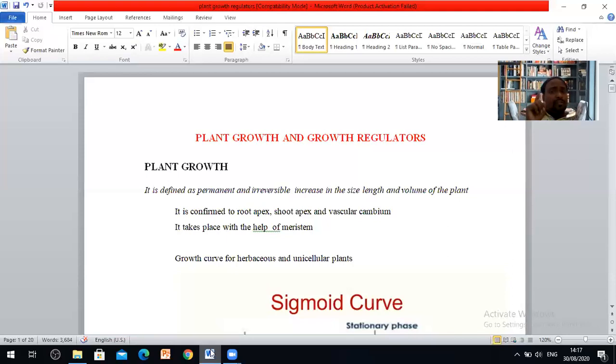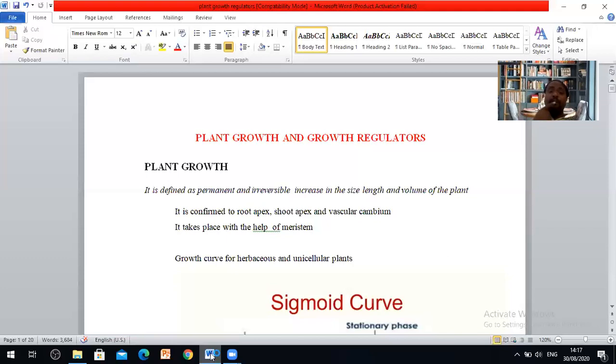So growth is confined to these three regions, and at these three regions there exist three different types of meristem. Because of the presence of this meristem, growth takes place in the plant, since in the growing region cell division takes place continuously.